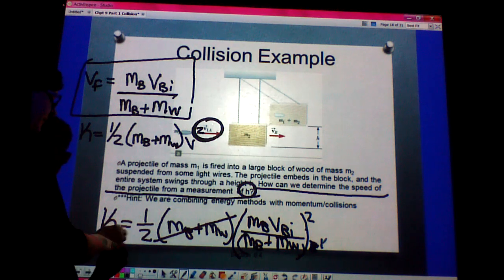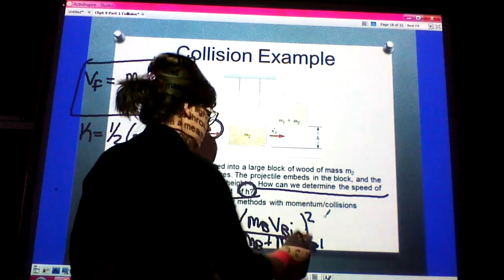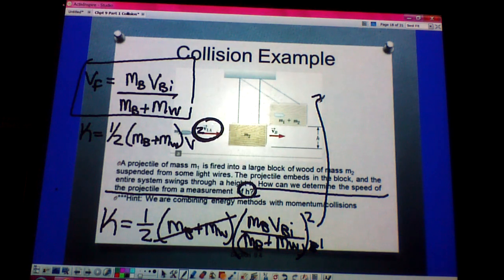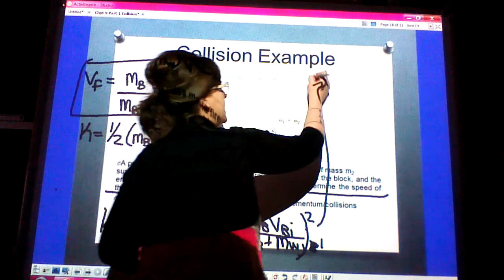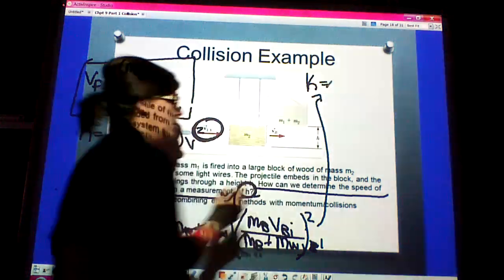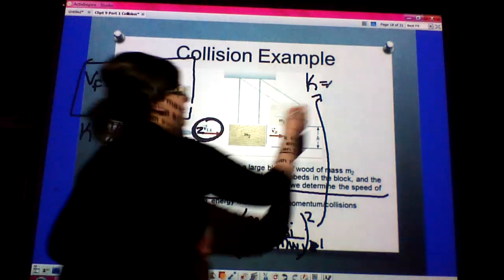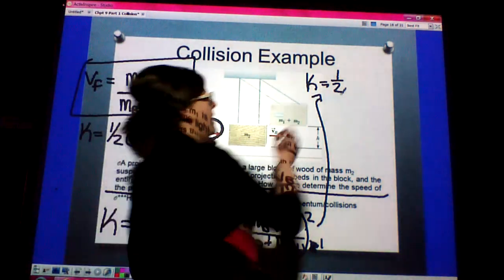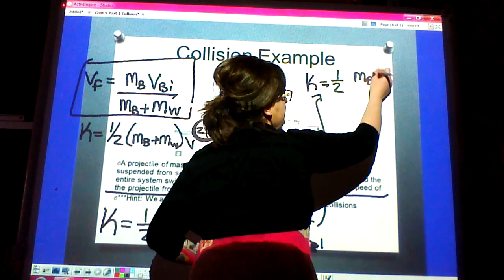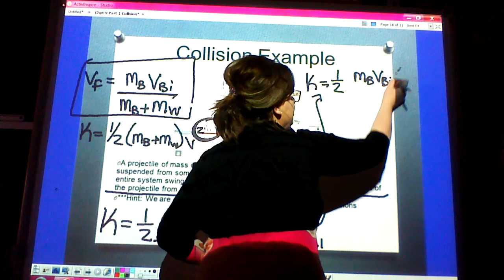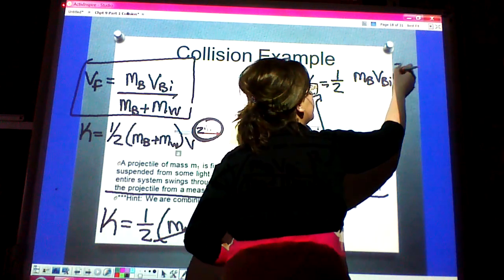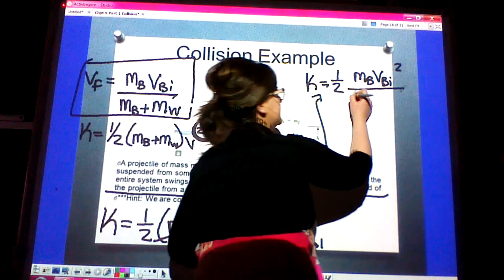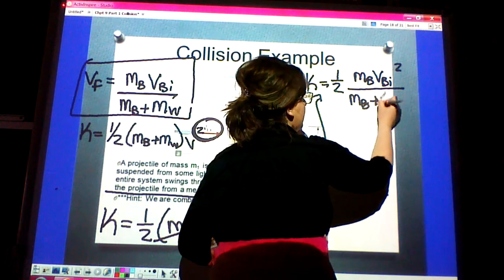So that would simplify down to, let's go up here, guys. I'm sorry that it's so incredibly messy. So I know that this would be K equals 1/2 times m_b v_bi, the mass of the bullet times the velocity of the bullet initially, that quantity squared, over the mass of the bullet plus the mass of the wood.